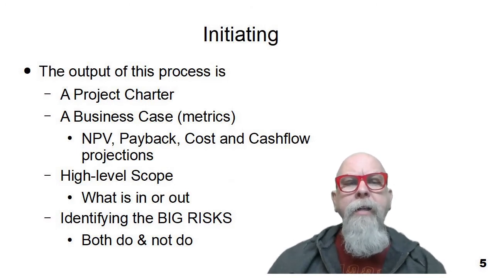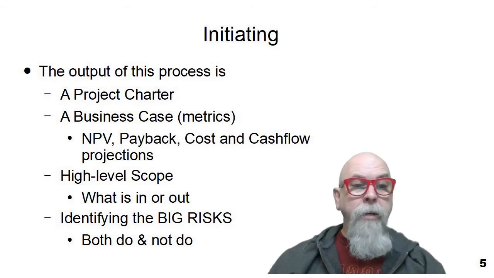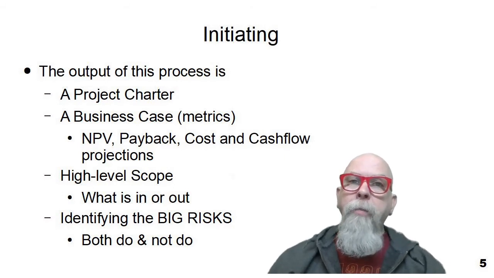We're also going to need to create a high-level scope document as we start to initiate the project. The scope document defines what specifically is in or out of the project. There are certain things that maybe users want that we're not going to do in this project.